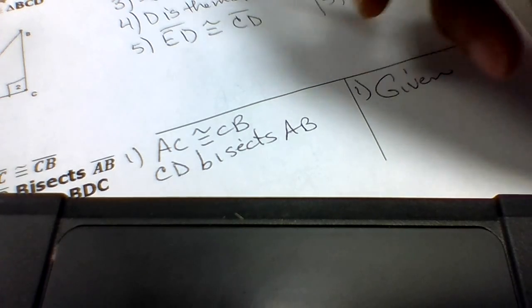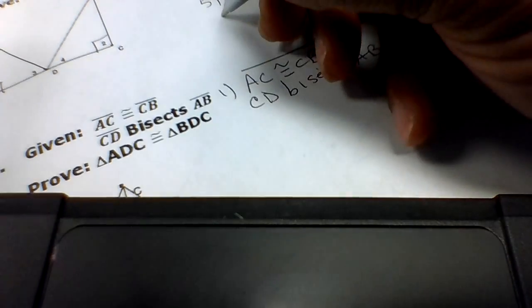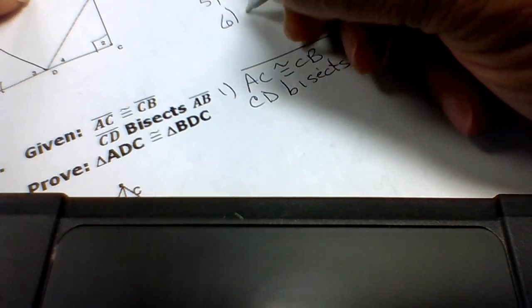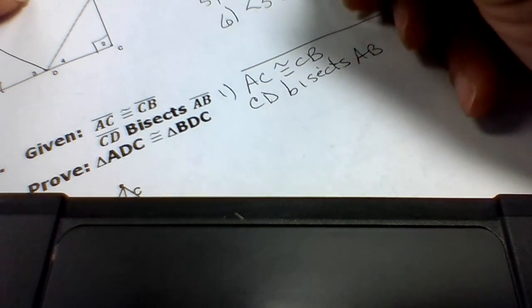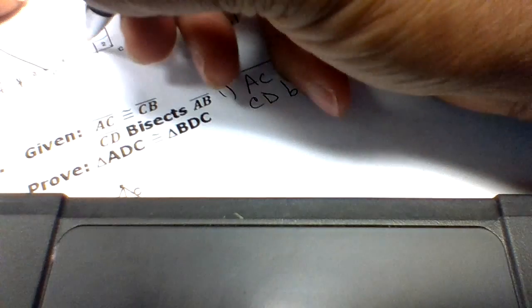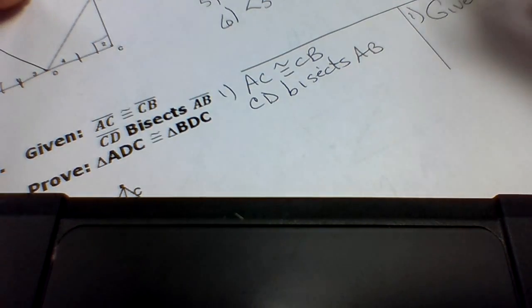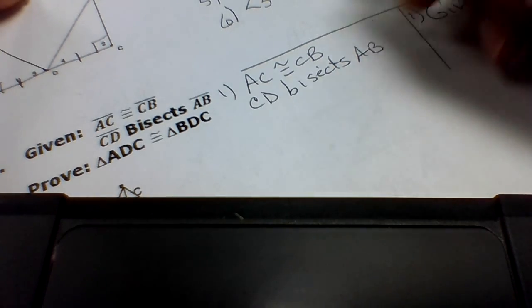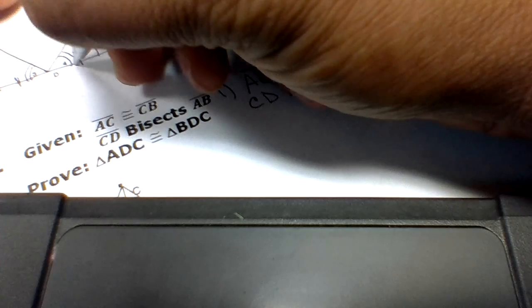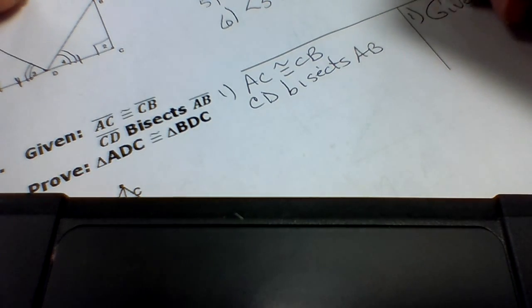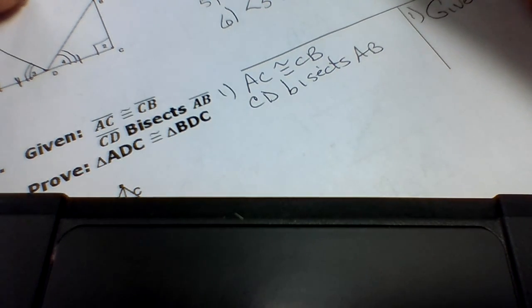All right, so I've taken care of that. And then the next thing I can say, there's one more given here. So angle 3 is congruent to angle 4. So I'm going to come and mark that over here, that ED was congruent to DC. And angle 3 is congruent to angle 4 now. And the reason I can say that is because it was given to me.